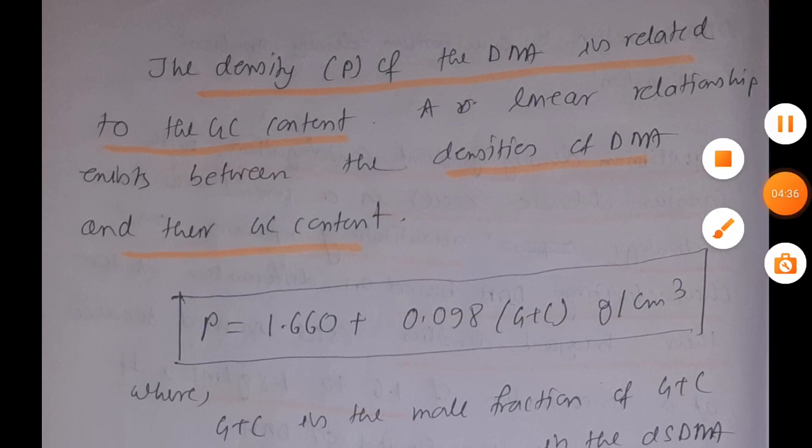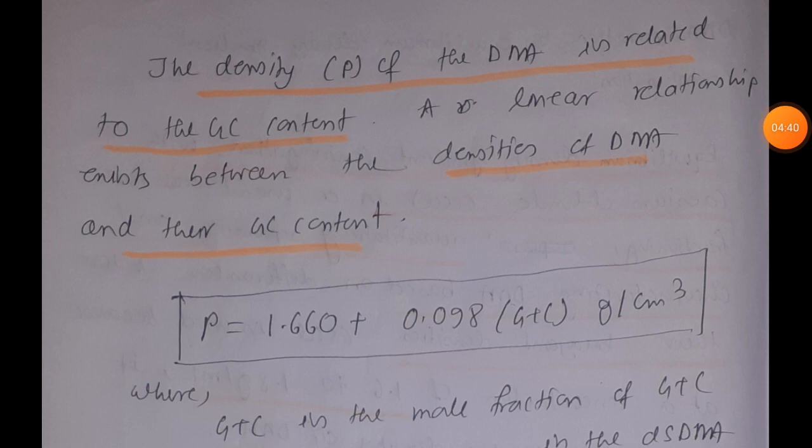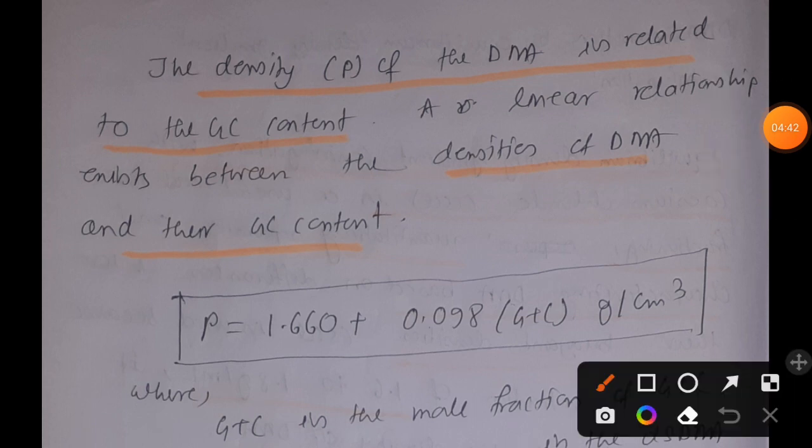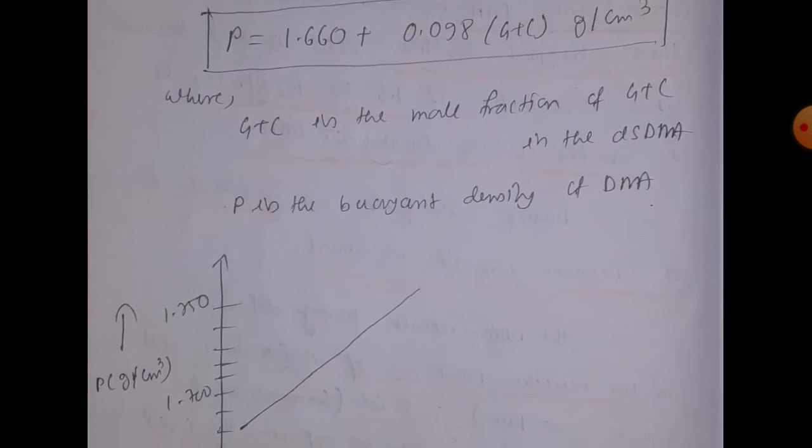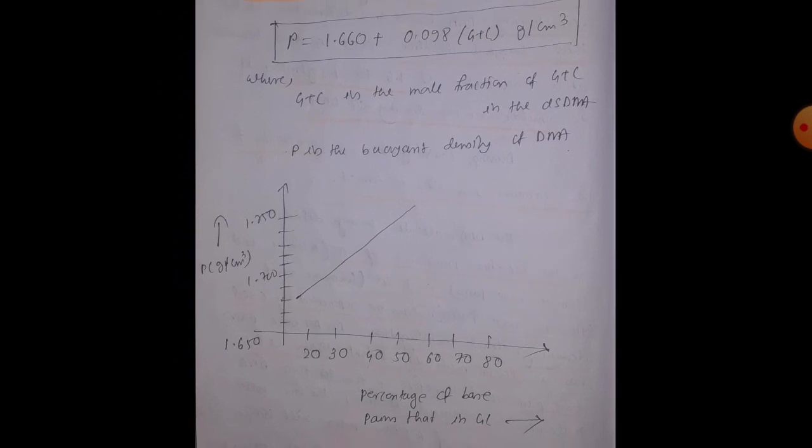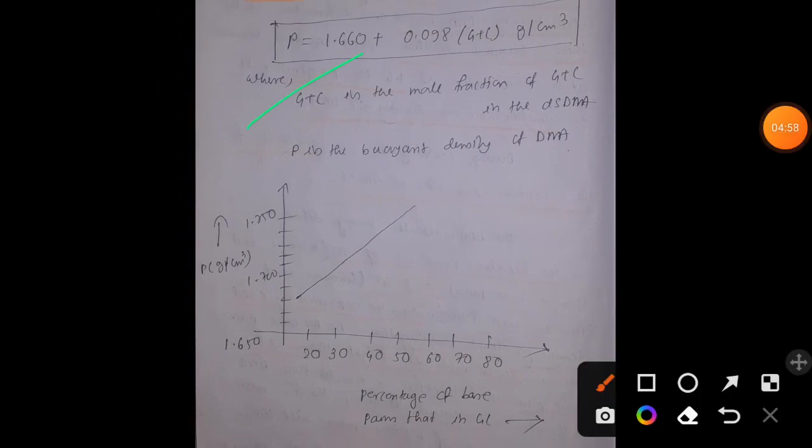Now there is a relation between the density of the DNA and its GC content, okay, and it is a kind of linear relationship: rho, which we are using for density, is equal to 1.660 plus 0.098 into G plus C, in gram per centimeter cube, okay, where G plus C is the molar fraction of G plus C in the double stranded DNA, and rho is the buoyant density of the DNA.